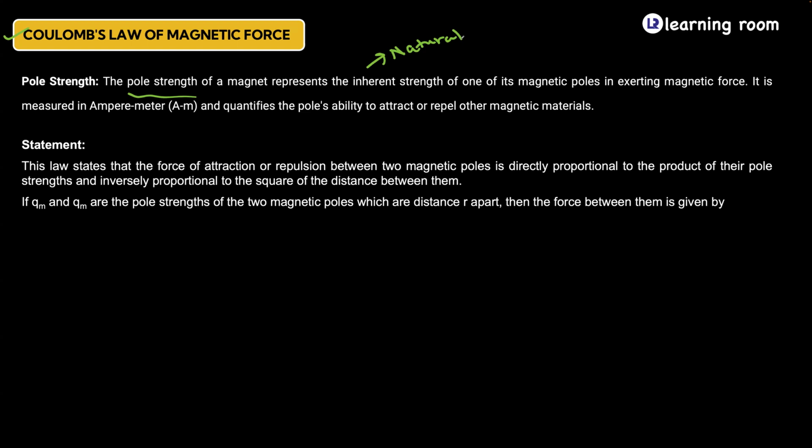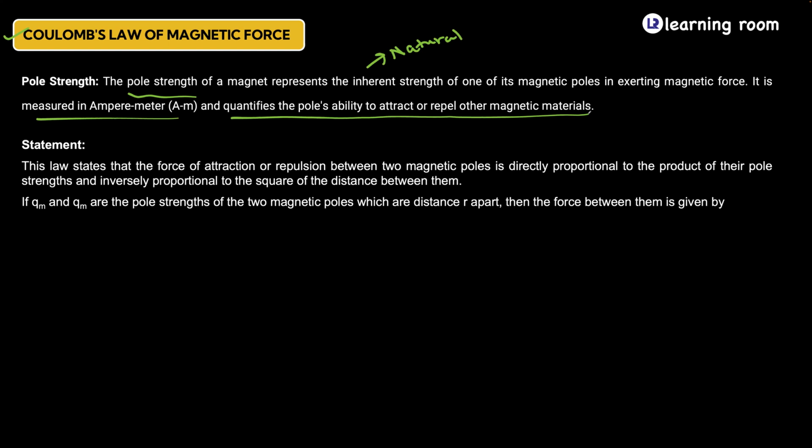So the pole strength of a magnet represents the inherent strength of one of its magnetic poles in exerting magnetic force, the extent to which it can exert force. It is measured in terms of ampere meter and quantifies the pole's ability to attract or repel other magnetic materials.